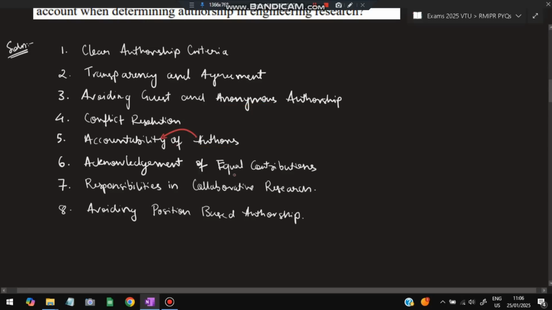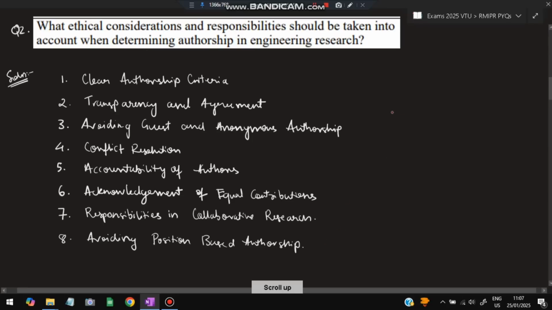Accountability should be taken from them, and whoever has put in equal contribution should be mentioned equally, and collaborative research from different domains should be represented equally, and avoid position based authorship based on some influence or a title. Okay, if they have put in effort, put their name, else don't put their name. Okay, so these are the ethical considerations and responsibilities for engineering research authorship determination.